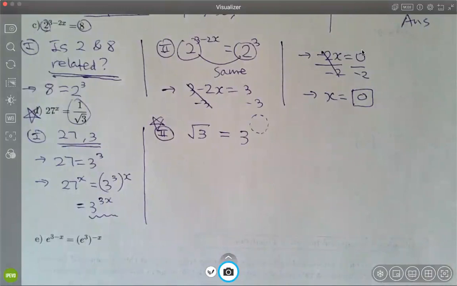Would it be negative? Say that again. Would it be negative? Negative? Not yet, but eventually, yes, we will have the negative sign, but not here.